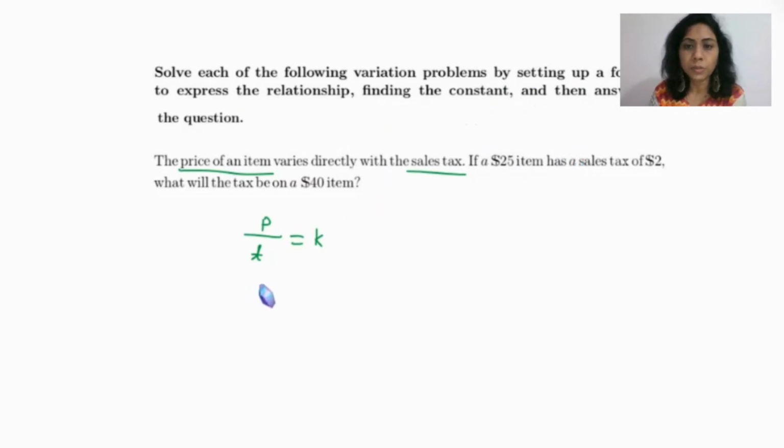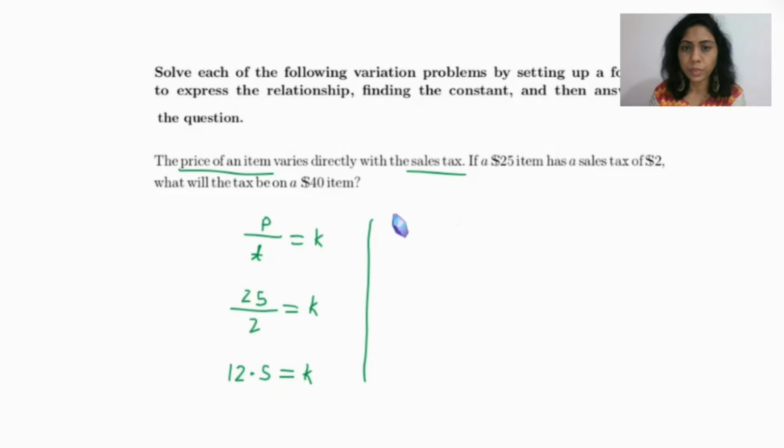Okay, so first one done, and now the second step, and then answer the question. What is the P value here? Price of an item, $25. And what is the sales tax? 2. So 25 divided by 2 equals K, and now we can easily find the constant. So this is 12.5 equals K. Now here it says, what will the tax be on a $40 item?